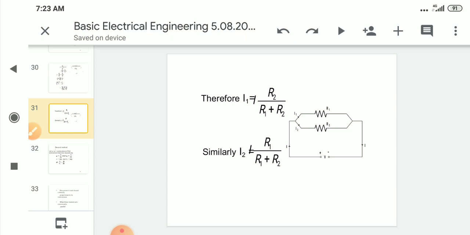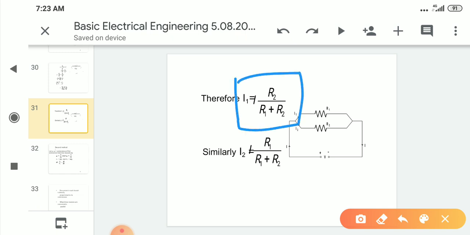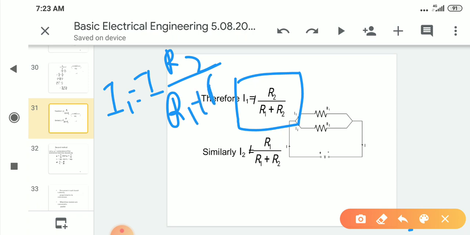We have to remember these two equations. I1 is equal to I into its opposite resistance R2 by R1 plus R2.